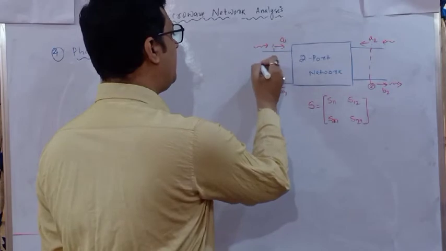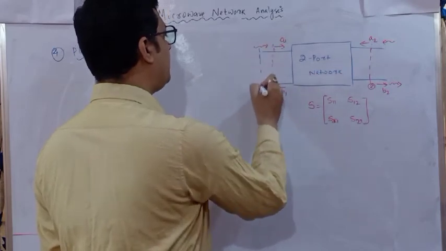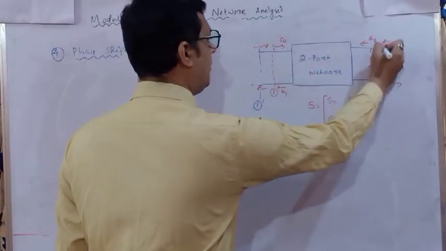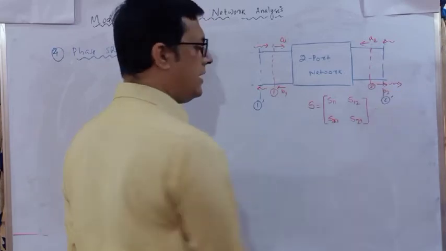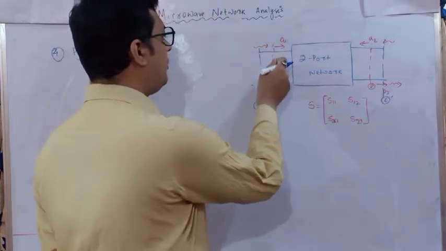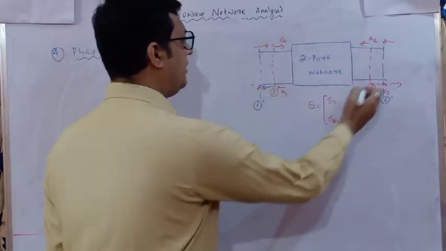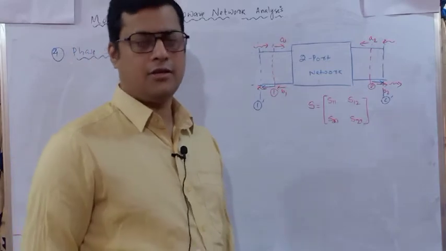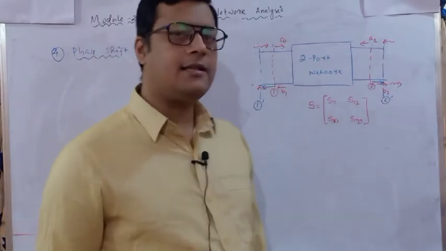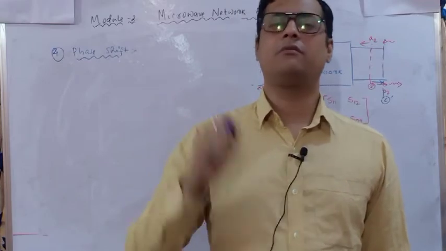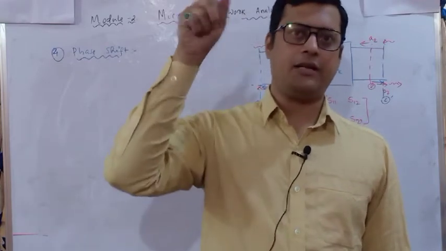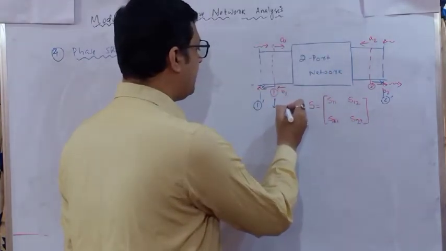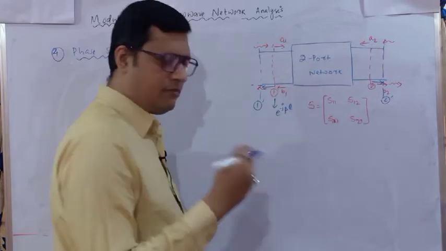If the position is measured at 1 dash or 2 dash, the length changes, so the phase shift comes into the picture, because e to the power minus j beta L appears for any reflection coefficient.